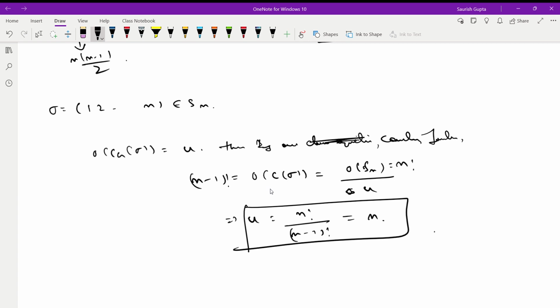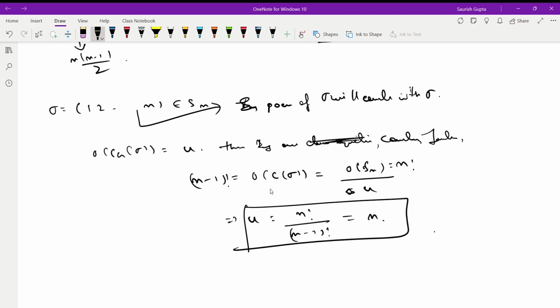But observe that we already have in hand that every power of sigma will commute with sigma, and sigma is an n-cycle, so its order is n. Therefore there exist n distinct powers of sigma, which are sigma, sigma squared, sigma cubed till sigma to the power n, which will commute with sigma, including the identity element as well, right?